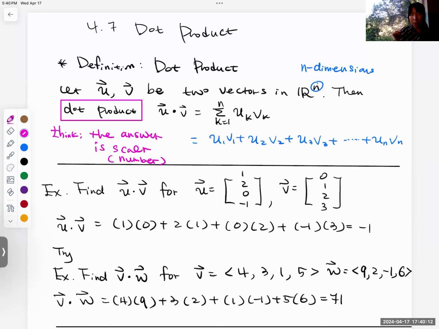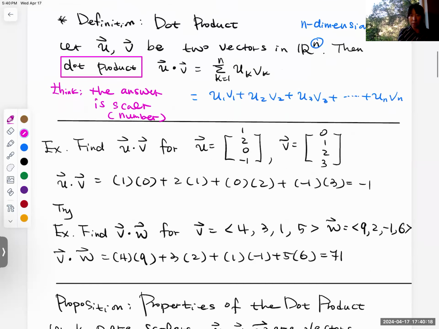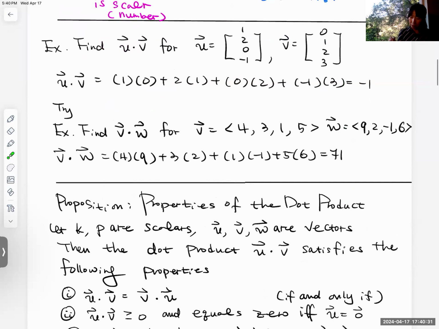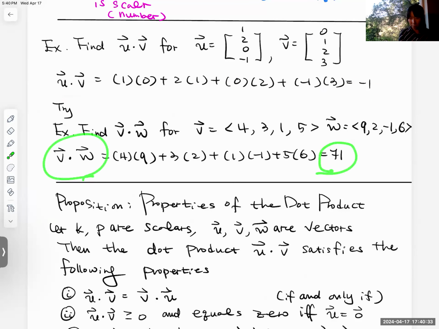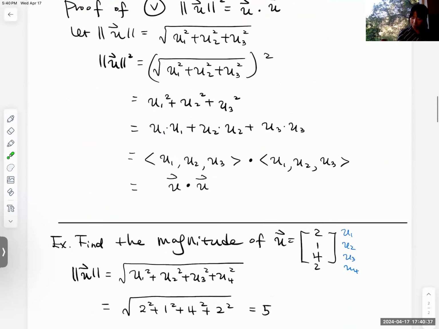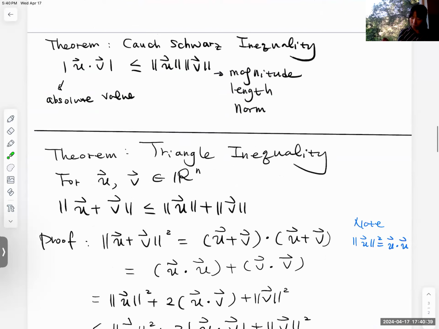Is it spelled right? Scalar. Is it correct? So for the dot product we get a number, right? The answer is scalar. Dot product, we get the answer scalar, right?